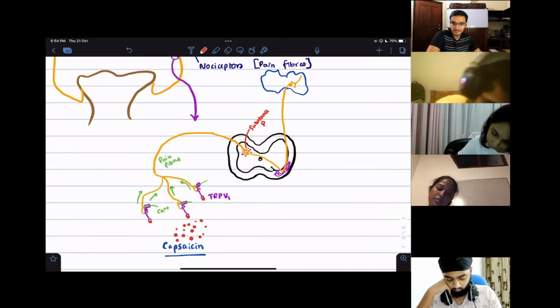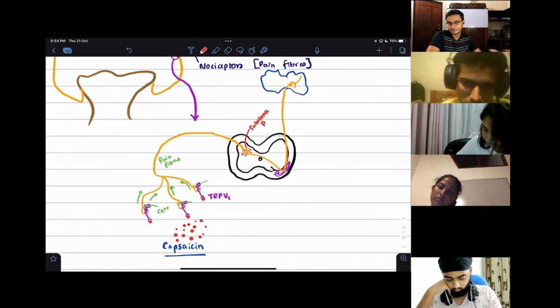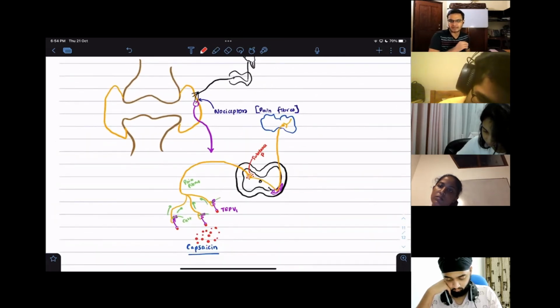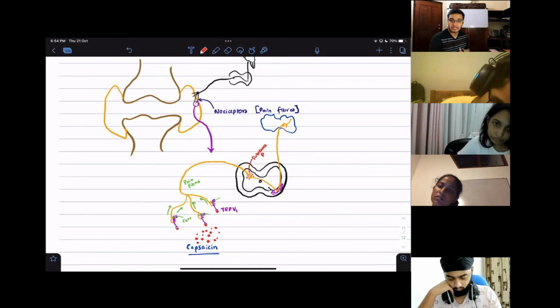Now we adopted this to the capsaicin cream. What does this do? Let's say this patient already has some pain in this joint due to his osteoarthritis. When you apply the capsaicin, this patient's TRPV1 receptors will get activated.